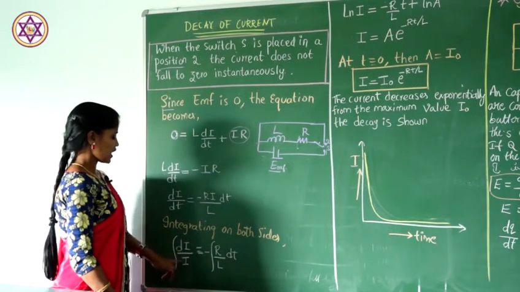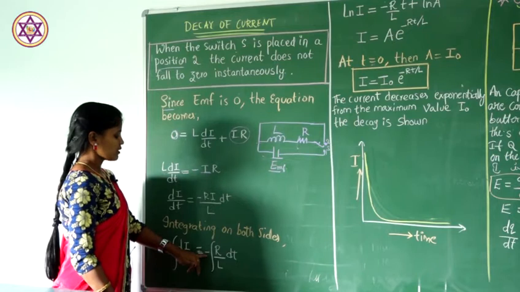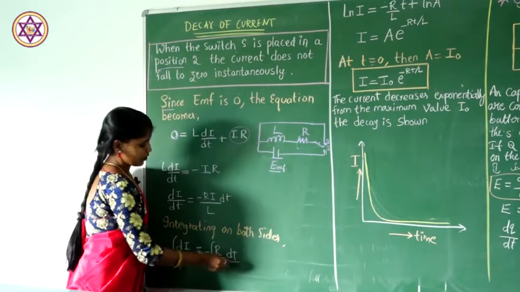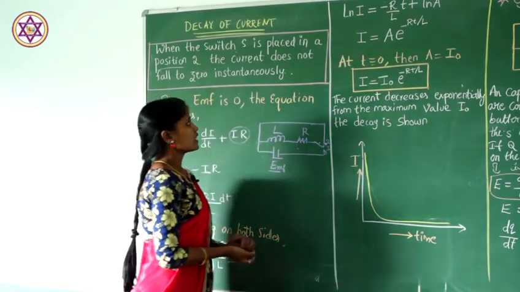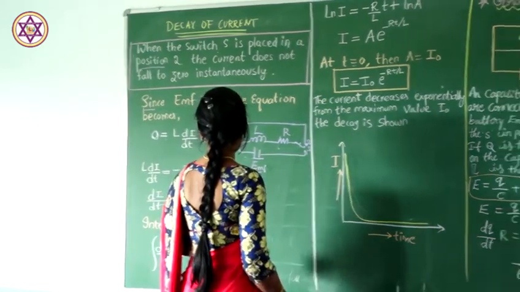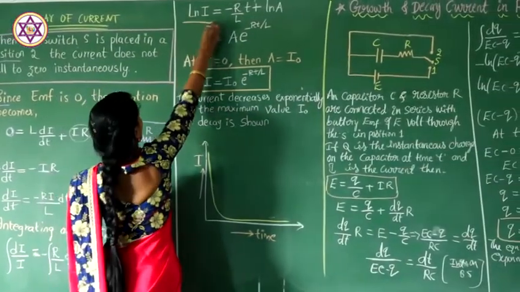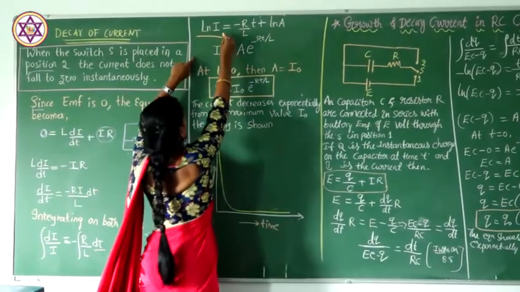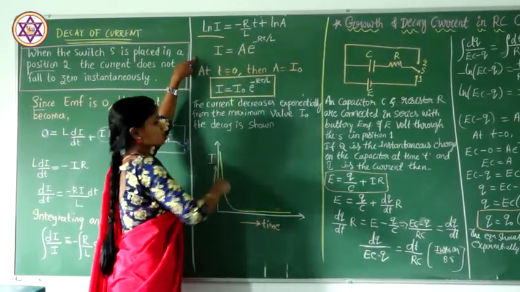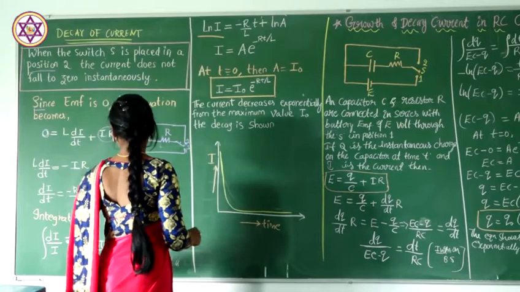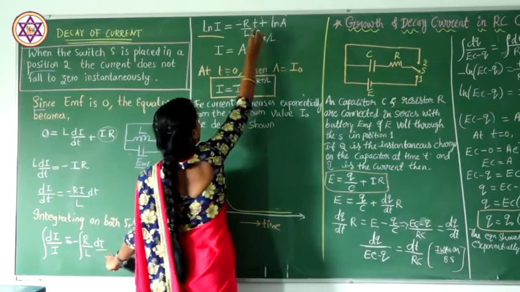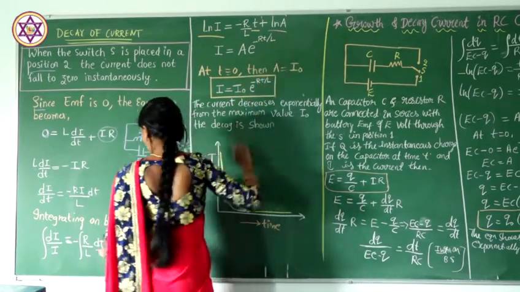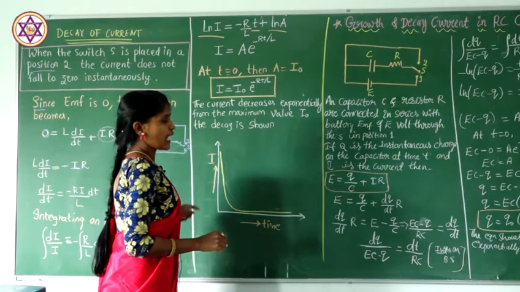The integral of di by I is ln I. R by L is a constant, so take it outside. The integral of dt is nothing but t, plus a constant, which we can write as ln A.